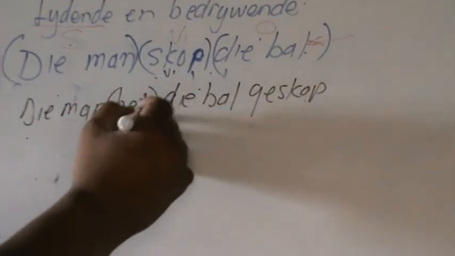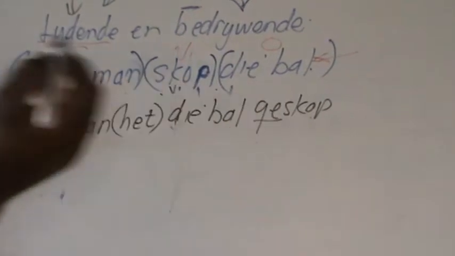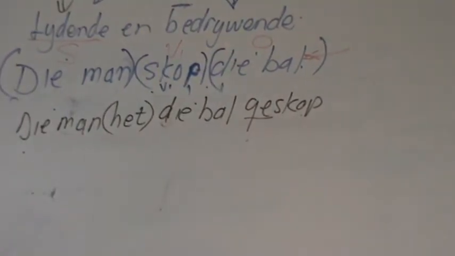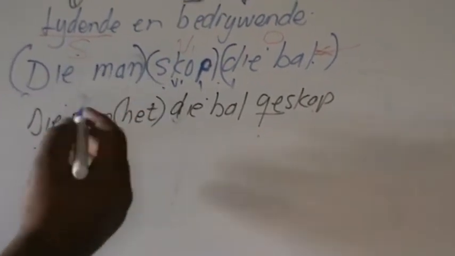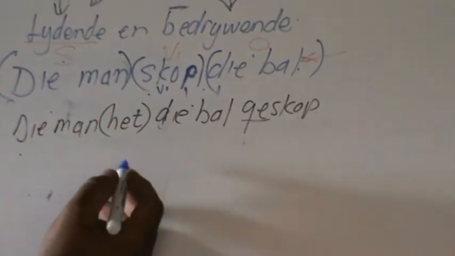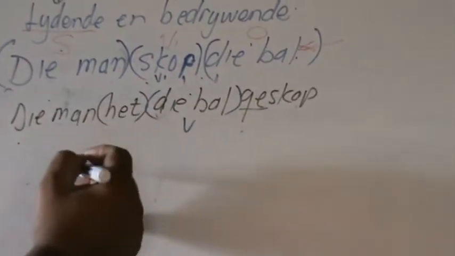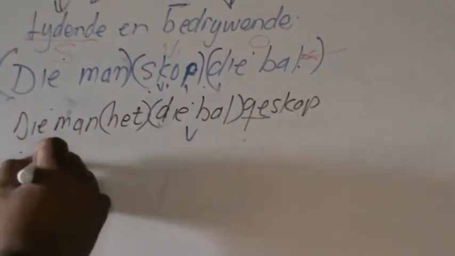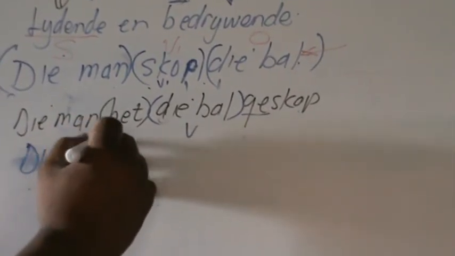Then we have het there, right? Then we have ge connected to our verb. In lydende form, when we have to put it into lydende form, we must remember that we have to start with our object, that being our object, right? Die bal, right? It is now die bal.